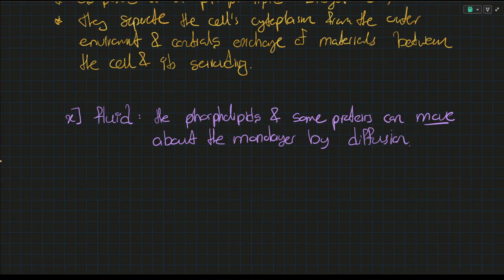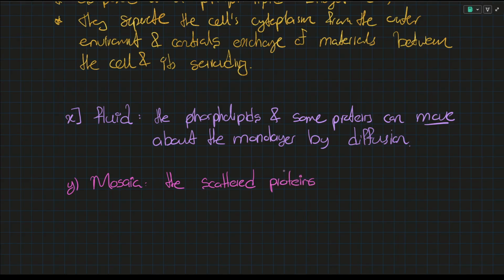Now, why do we call it mosaic? Just consider general life. Mosaic means scattered, right? Mosaic art, mosaic pieces, scattered. That is the exact same notion when it comes to cell membranes. Around a cell membrane, we have many proteins.